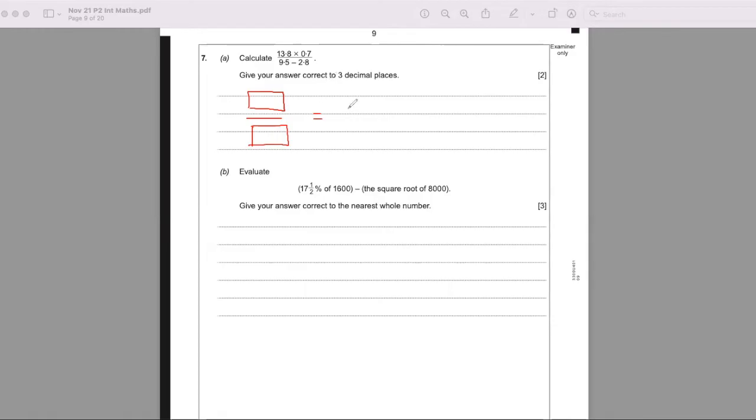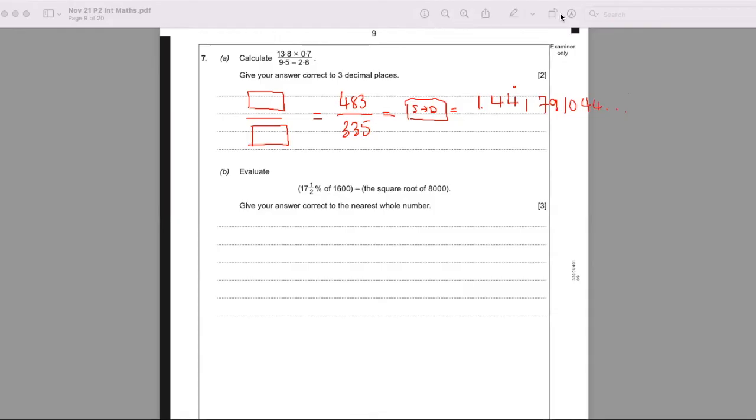Now in my calculator, I get 483 over 335. Remember to press the SD button in your calculator, and then you should get 1.44179104 and so on.